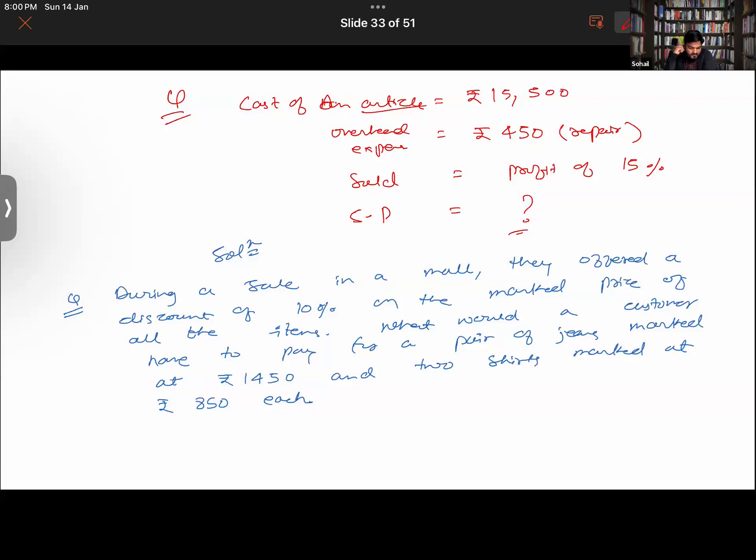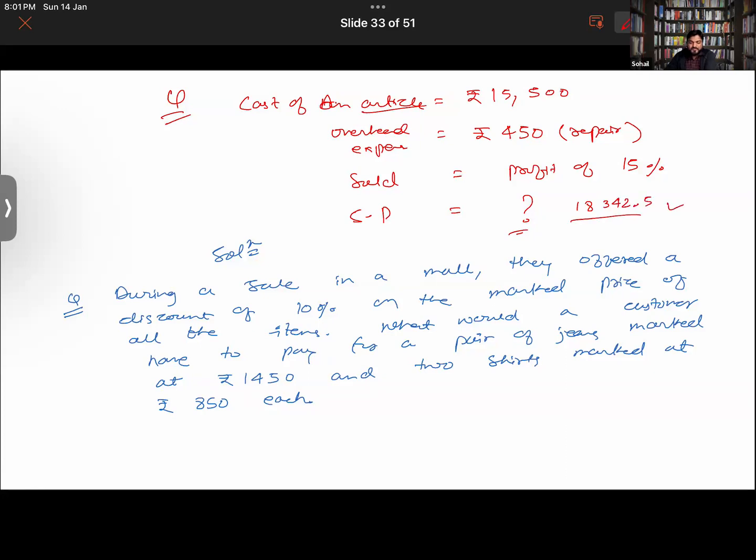So it was sold at around 18,342.5. That is around 18,342.5. Okay, that is correct.